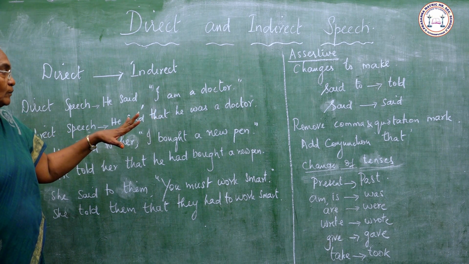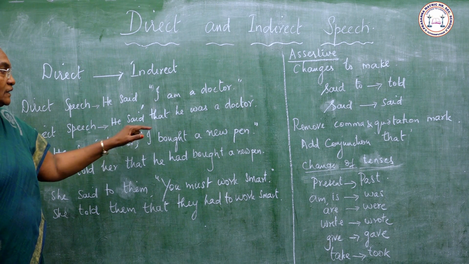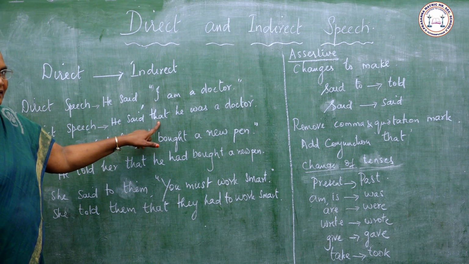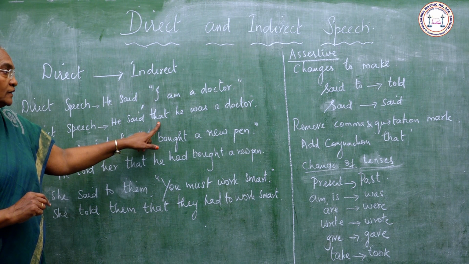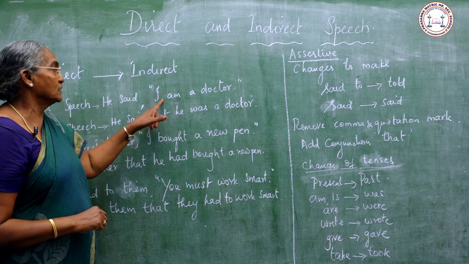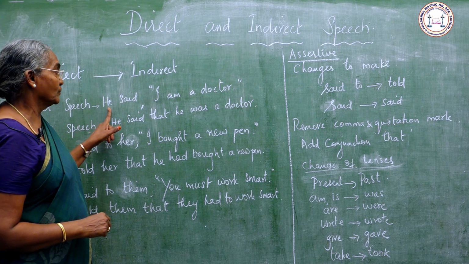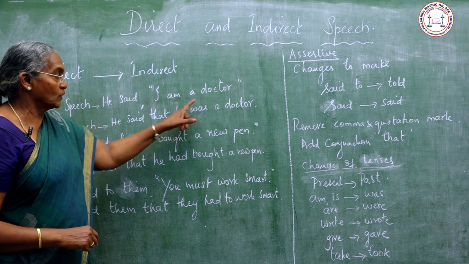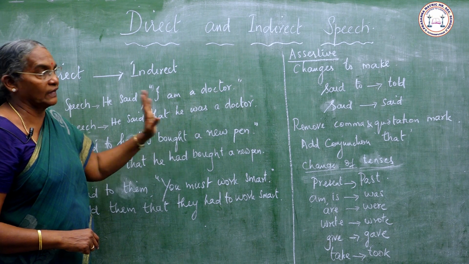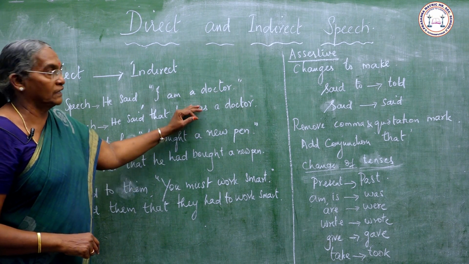There are no comma and quotation marks, and there is a conjunction, a connecting word that. The pronoun I changes into he, and you can also notice the change of tense.